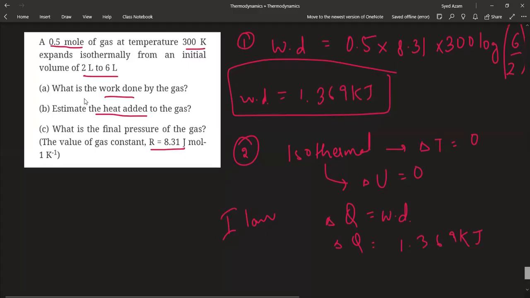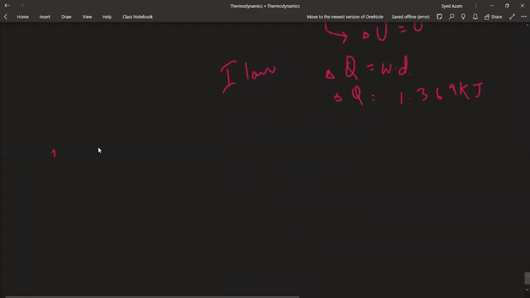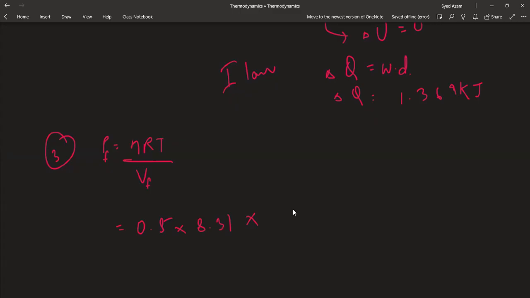Last part is saying final pressure. So very easy. This one is very easy. See, this will be simply P is equal to nRT by V. Whatever is the final volume, because we are calculating the final pressure. Okay. So this will be 0.5 into 8.31 into 300.